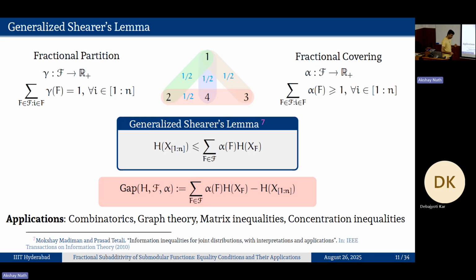What I'm presenting here is what is called a weak form of Madiman and Tetali. There is a stronger form as well, which gives even better results, but the equality conditions don't mean much in that setting. We were interested in equality, so we wanted to look at the weak form.